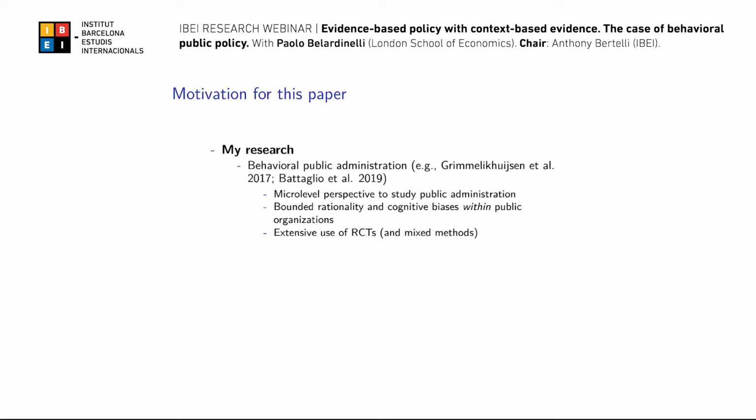And another important element in behavioral public administration is the use of RCTs, and increasingly also of mixed methods. And I do this in my research, so that's why today it's a bit different.